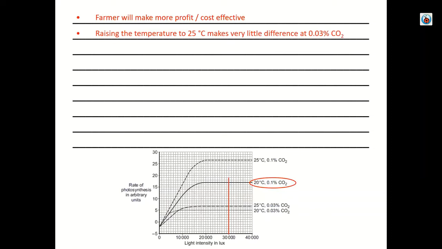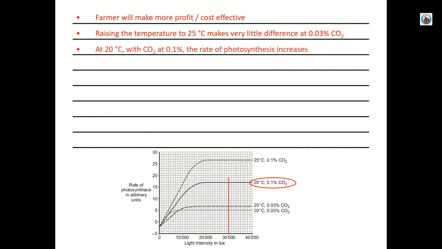We can also see that at 20 degrees Celsius, with carbon dioxide at 0.1%, the rate of photosynthesis increases. So it's a lot higher. So if we kept the temperature at 20 degrees Celsius and just raised the concentration of carbon dioxide, the rate of photosynthesis increases. So let's put that down.